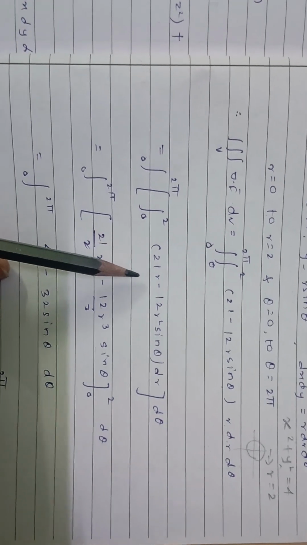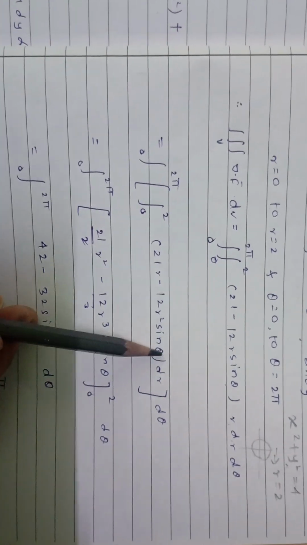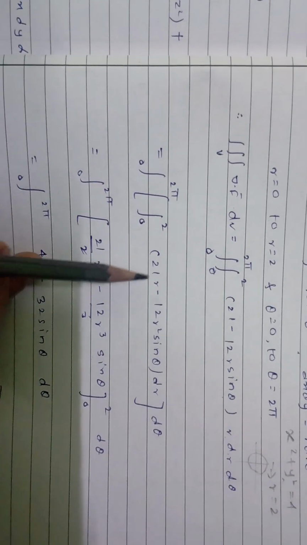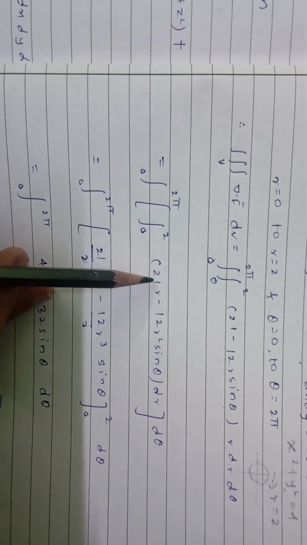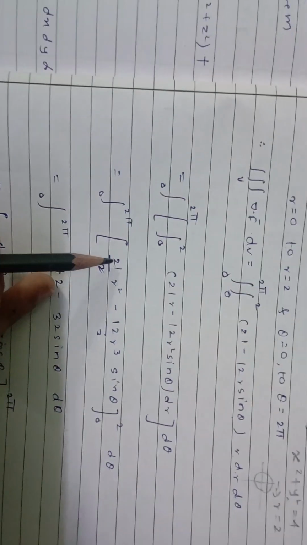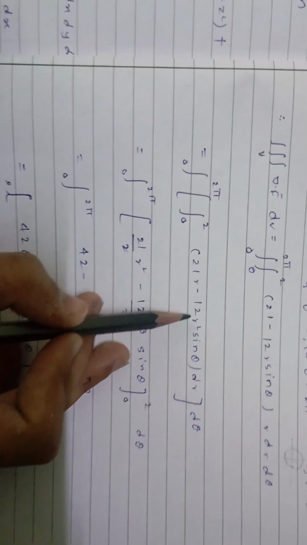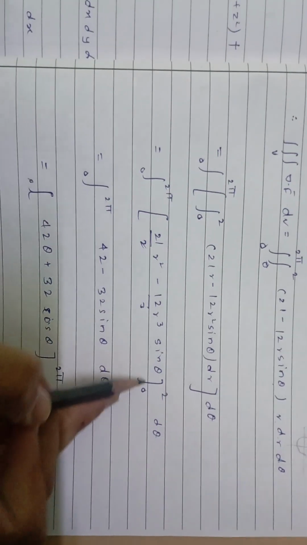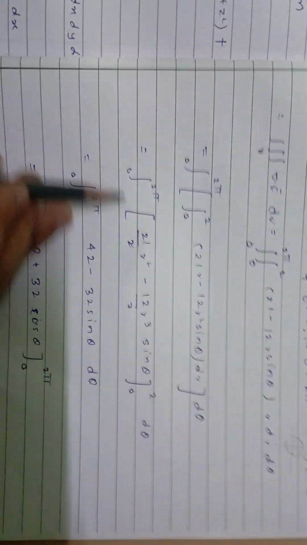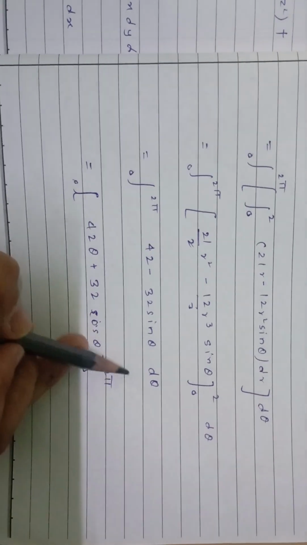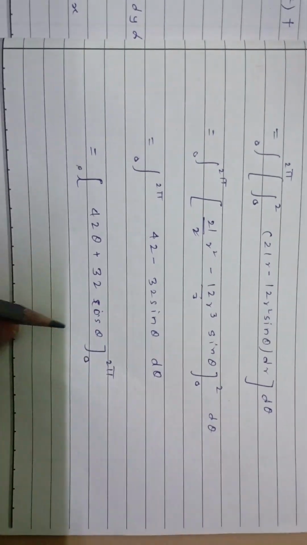So we will integrate with respect to r first, treating theta as constant. The integration would be 21r square by 2 minus 12r cube by 3 sin theta, with limits 0 to 2. Putting the limits, we will get 42 minus 32 sin theta. Let's integrate it with respect to theta.